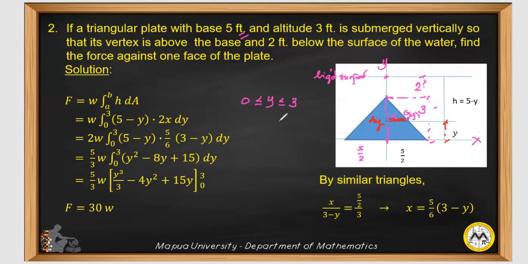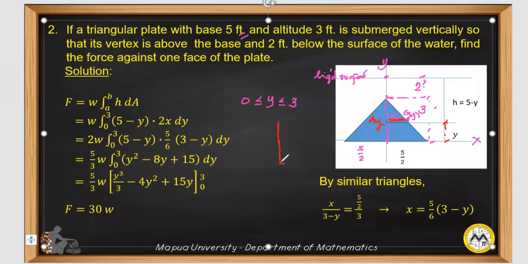And we can do that by referring to the right triangle, which is one part of the triangle. This is the base of the right triangle. We are considering this triangle, and let this be the typical element.